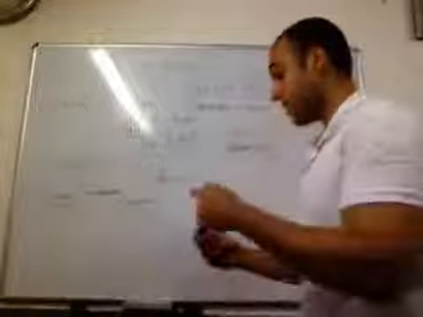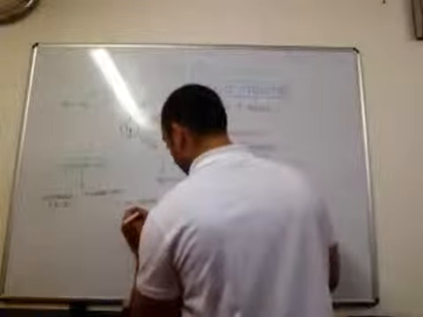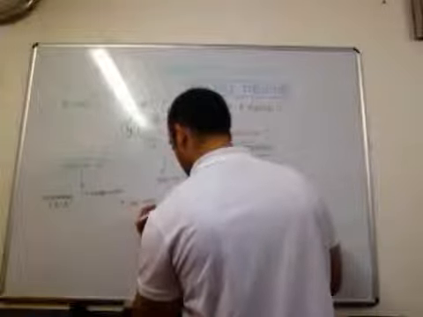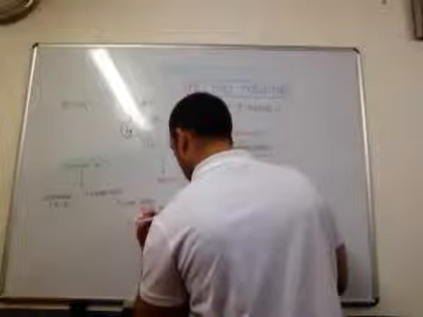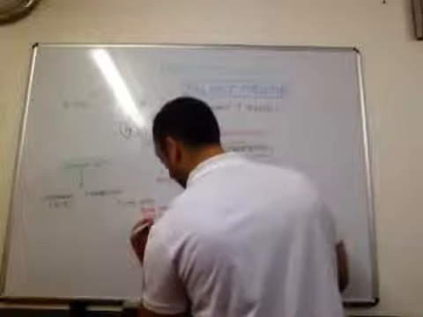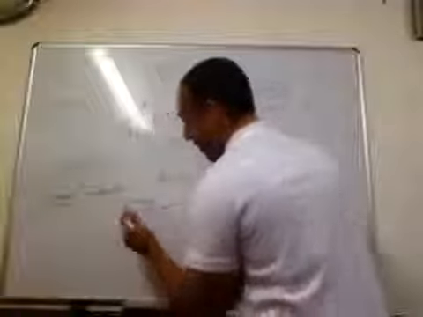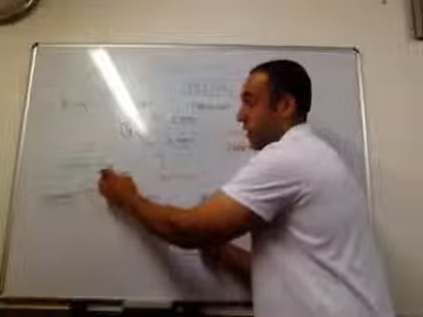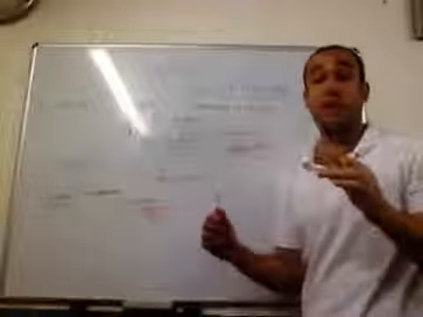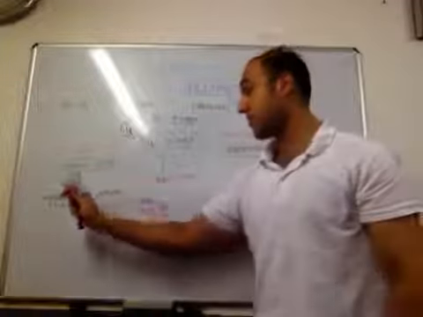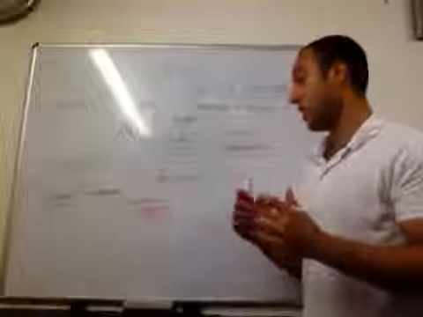So bone pain, fractures, and high calcium levels, all because of the production of these cytokines from this malignant plasma cell. So it's not a normal plasma cell, it's a malignant plasma cell which produces these cytokines that are going to have negative effects on the body.